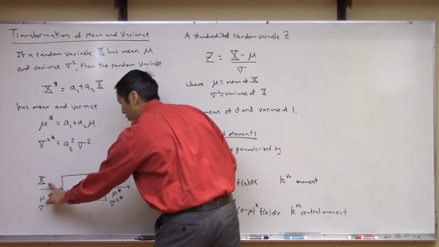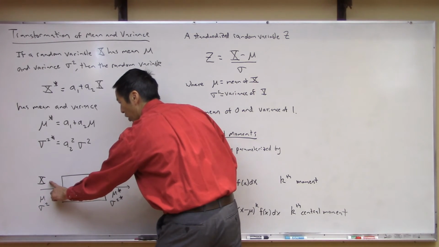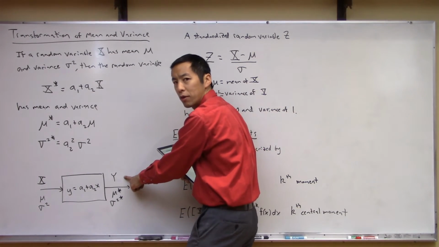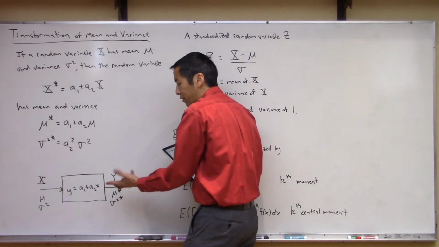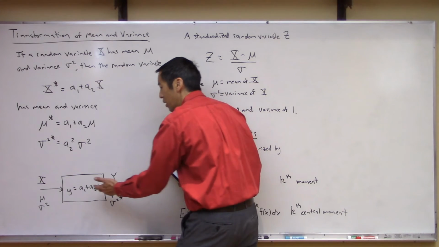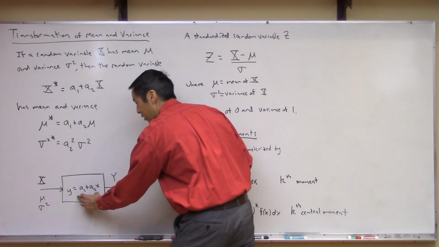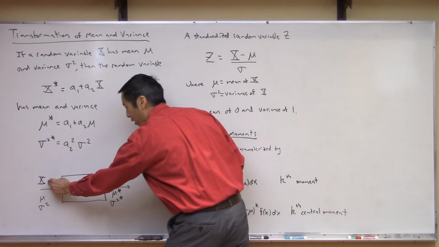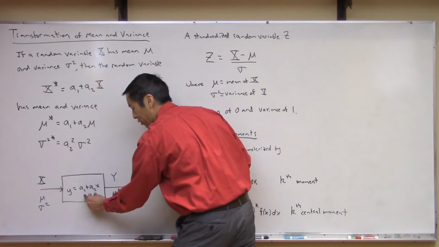So for example, maybe this is the voltage of your battery, and coming out here is the power output by the motor of your car. Let's say this is an electric car, and it's really simple: the power is linearly, or more precisely, affinely related to the battery voltage through this affine transformation.